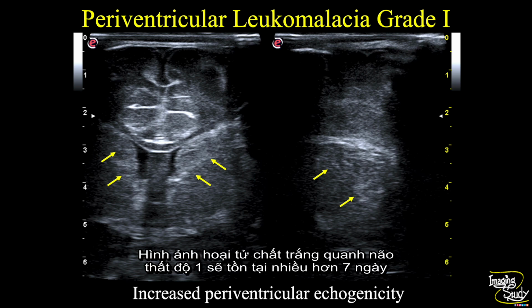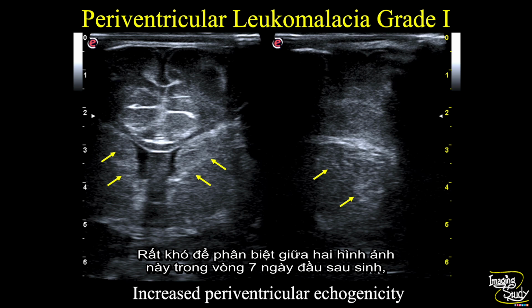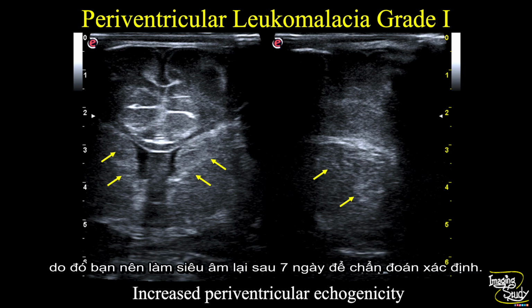The periventricular leukomalacia grade 1 should stay more than 7 days, but these normal physiological migrating cells with increased echogenicity should not stay more than 7 days. So it's very difficult to differentiate between these two within first 7 days of life. So a repeat scan after 7 days may help you confirm the periventricular leukomalacia.